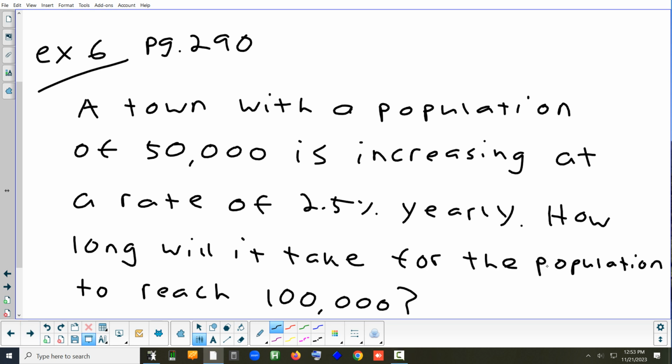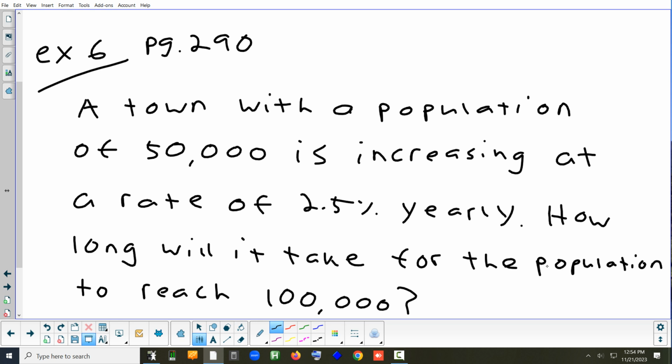Okay, so there's our problem. And first thing we need to figure out is what makes this exponential growth? Everybody tell me why is it exponential growth? The rate's positive. Can you say more? The population starts at a set number and then you were trying to figure out what it is at a high rate.